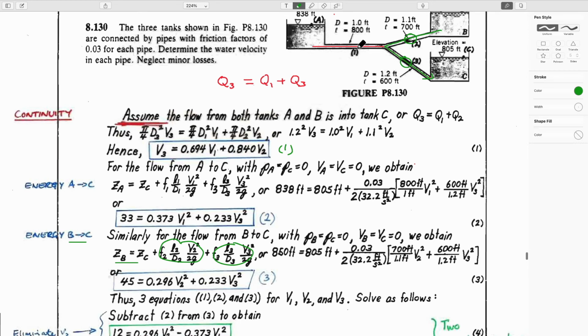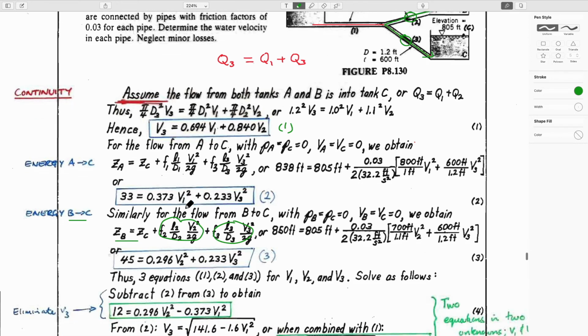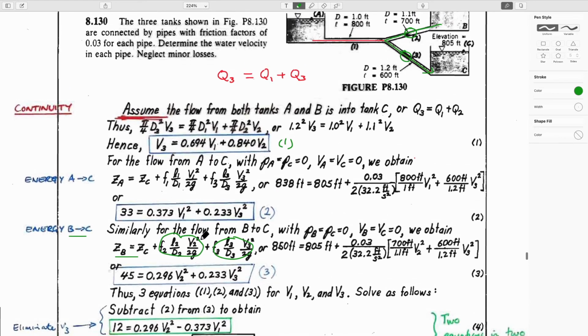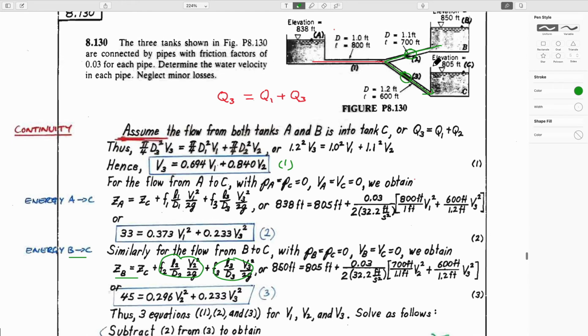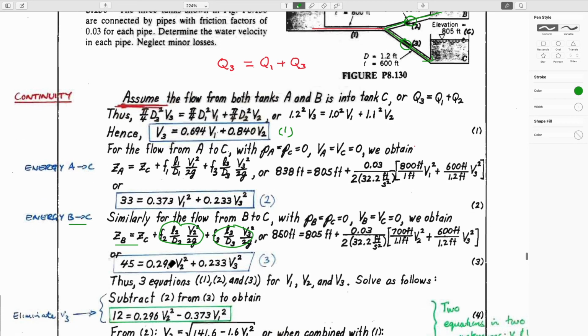If you write Bernoulli between A to C, you end up with the energy equation. It's messy because you have V squared terms for the velocities in pipe 1 and pipe 3. And if you write it from B to C along the green circuit, you end up with a third equation with velocity squared terms in pipe 2 and pipe 3. I'm not going through the rest of it, but it becomes a messy equation.